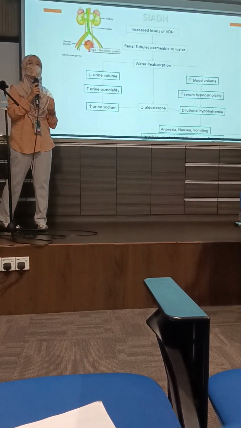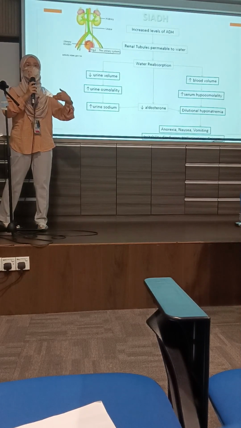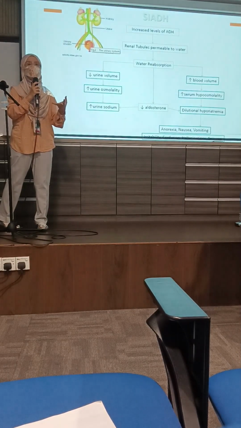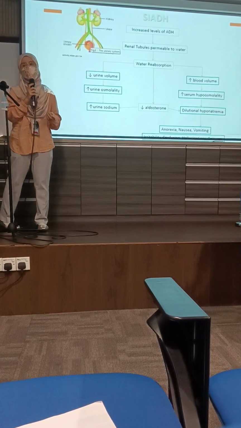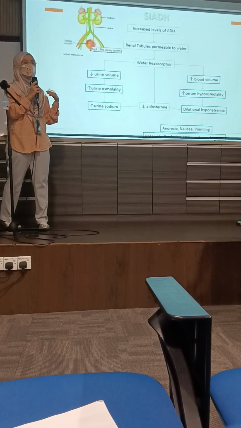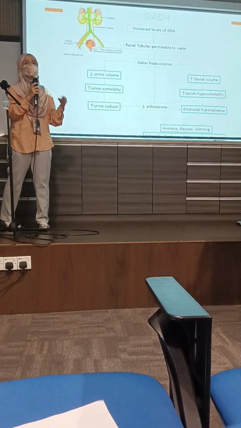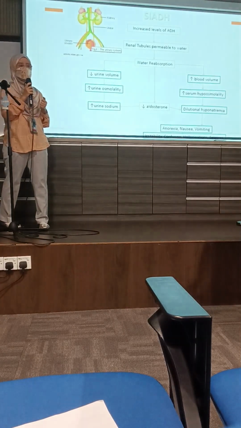This can cause dilutional hyponatremia. Okay, contoh you buat air sirap, you tambah lagi air. Of course, air sirap tu akan jadi tawar. Okay, so this will inhibit the RAAS. Aldosterone akan reduce, then sodium will be less reabsorbed. And sodium will be passed into the urine, akan ada natriuresis and diuresis. Okay.